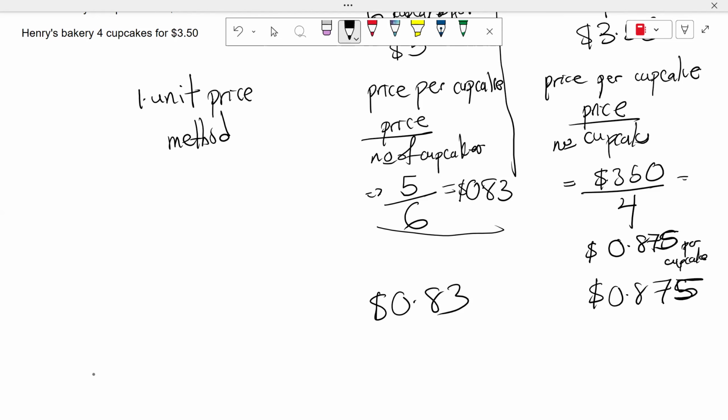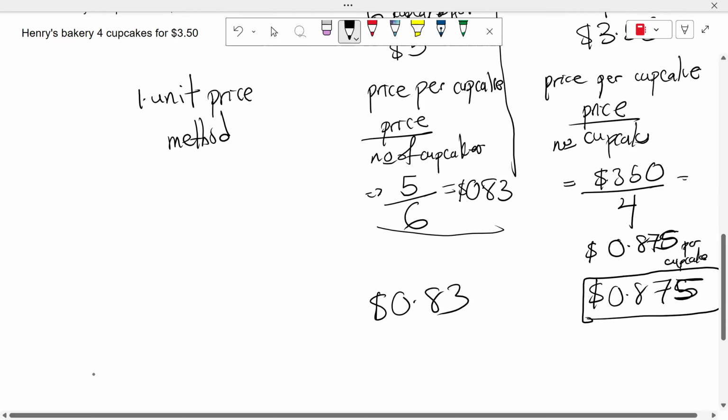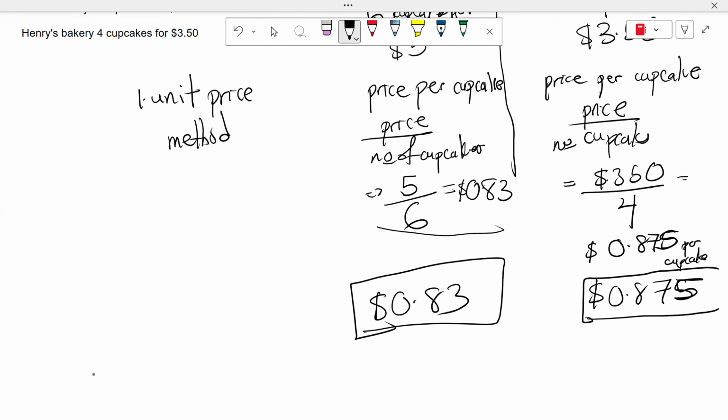So which one is higher? This one is slightly more expensive. For some people, it might not be a big deal, depending on which one you actually like. But this one is the better value for money, at $0.83 per cupcake.